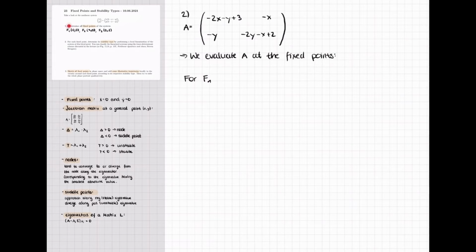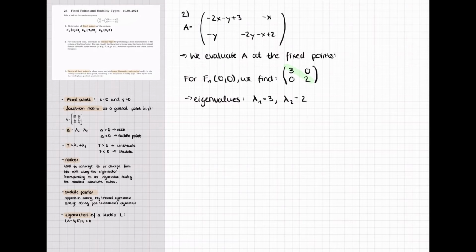So let's start with F1. We find the matrix (3, 0; 0, 2), and we want the eigenvalues of this matrix. Now here it's actually quite easy to get our eigenvalues since it is a triangular matrix and we can just read off the eigenvalues. So now we have determined the eigenvalues, but what should we do with them?